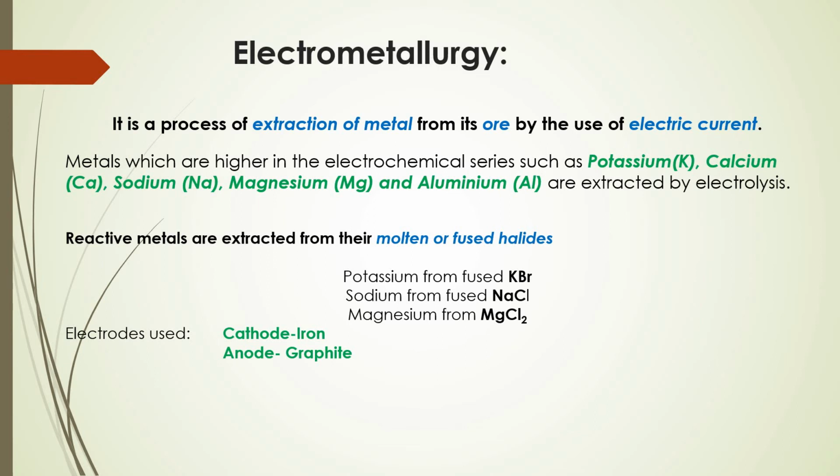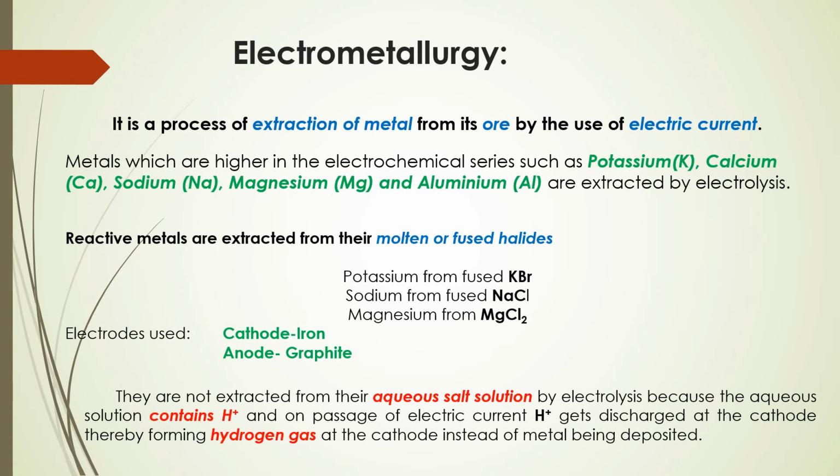And in the extraction of these active metals, the cathode is made up of iron, while the anode is made up of inert electrode graphite. Now over here we don't extract the active metal from their aqueous solution.